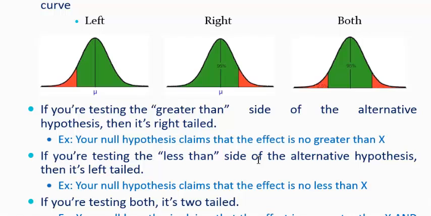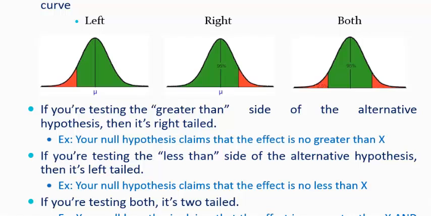If you're testing less than, on the other hand, then it's a left-tailed test. So if I say, for example, I am claiming that it will rain no more than 100 days this year, well, that's a right-tailed test, because we're looking to see if there's anything more than 100. We're trying to test that orange area over here.